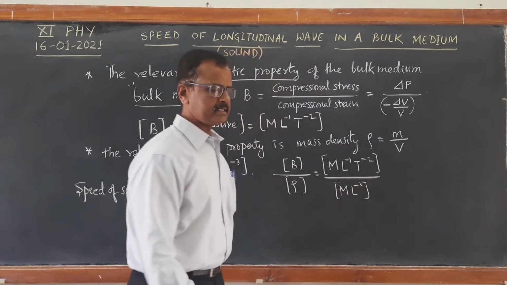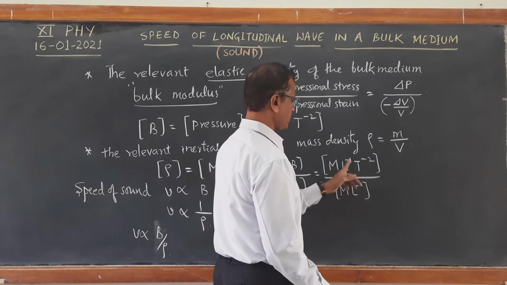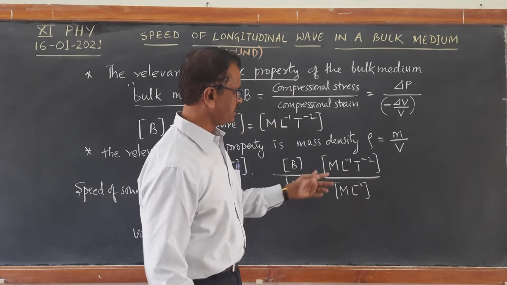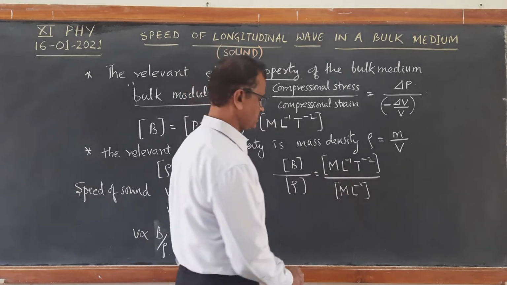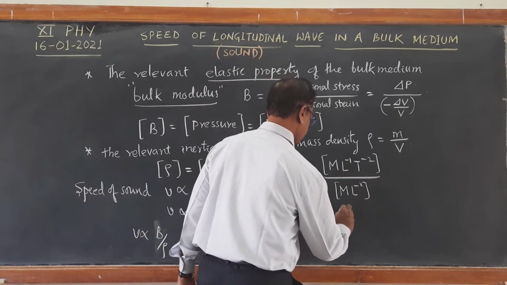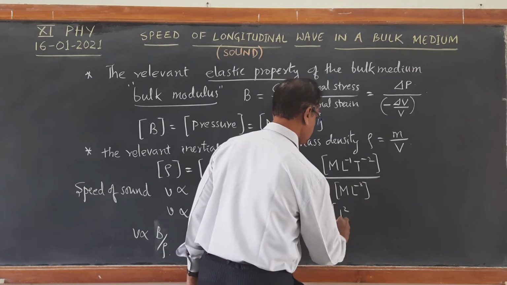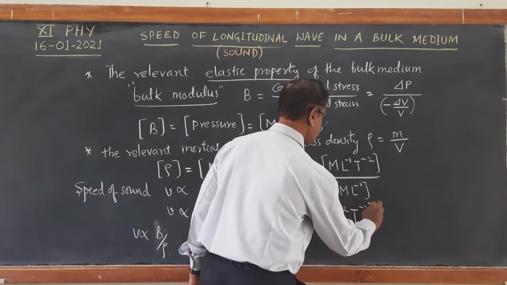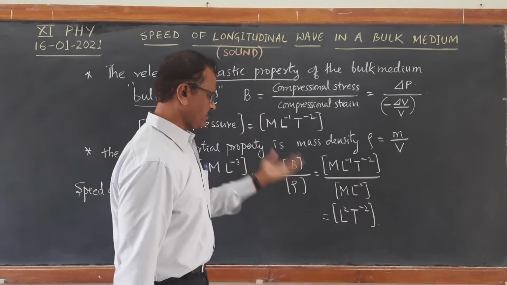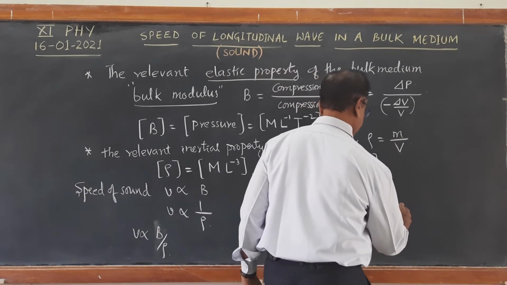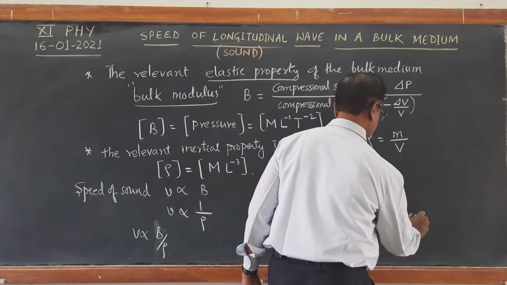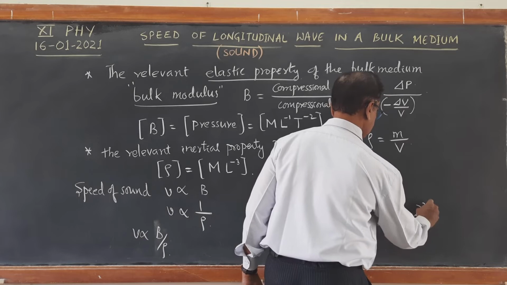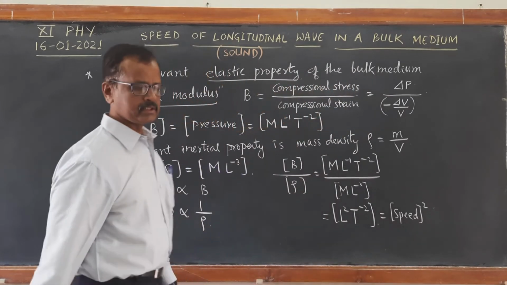So dimension of mass cancels. L raised to minus 3, when it comes to the numerator, becomes L raised to plus 3. Plus 3 minus 1 becomes L squared. So it becomes dimension of L squared T raised to minus 2. This is definitely the dimension of speed or velocity raised to 2.